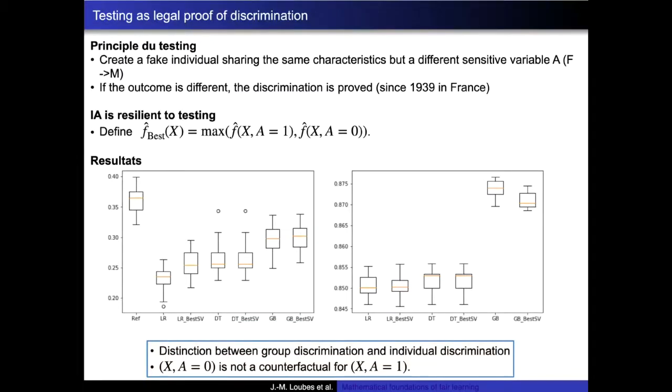What you do is create a fake individual which has exactly the same characteristics, and then you just swap the sensitive variable. So you take the data from women, and then you just say that this woman, in fact, is a man, and you test the difference. But if I'm a data scientist, maybe I want to build a model that is resilient to this change.